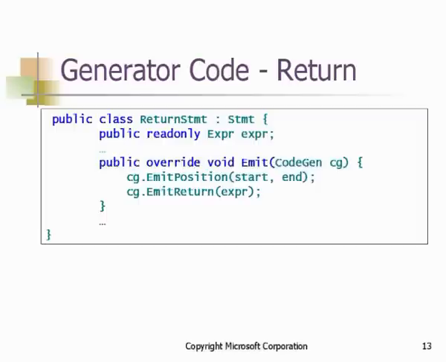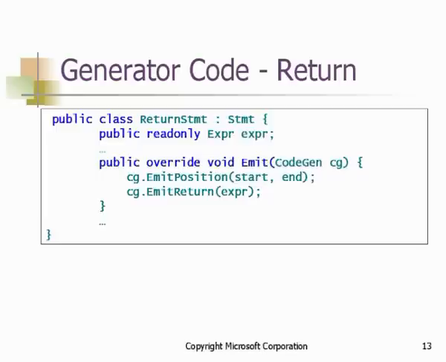I just added these two slides after seeing the previous talk, so I thought I should show you what the code gen looks like. This is the code for the AST that we have for a return statement. So a return statement here, this is C# code. Shouldn't be very surprising to anybody who's read Java code, or C code for that matter. This is the code for the return node in the AST.